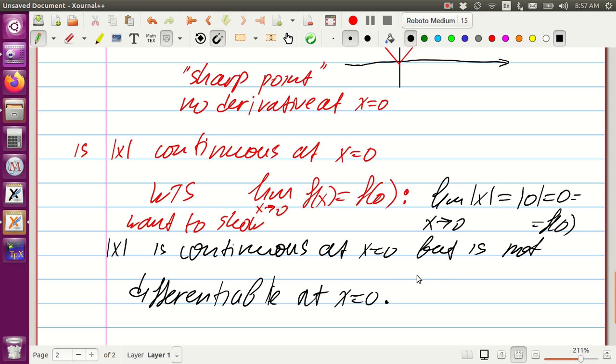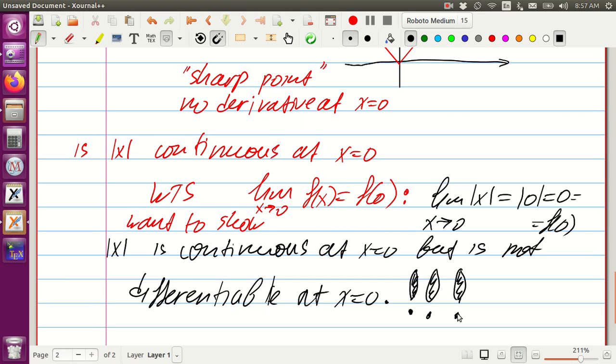This is an example of a function that is continuous but not differentiable. Any function that has a sharp point will be like that.